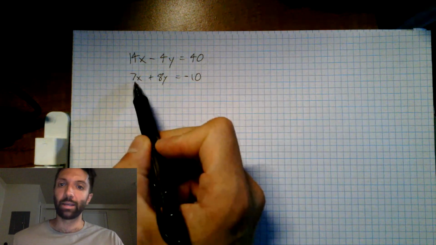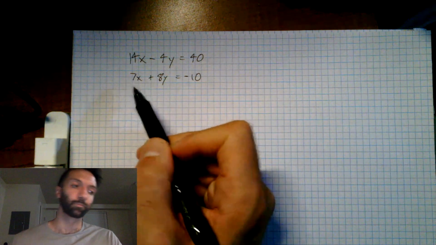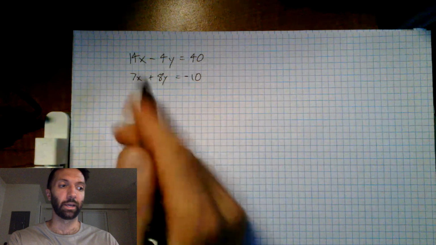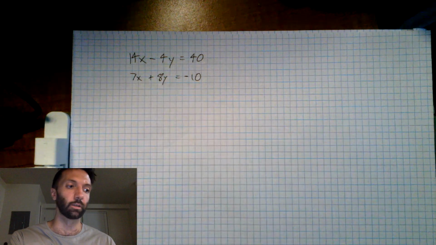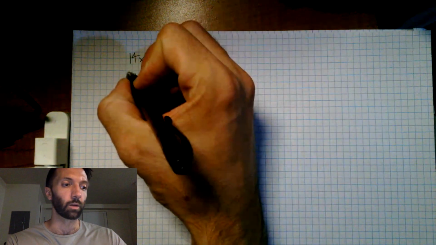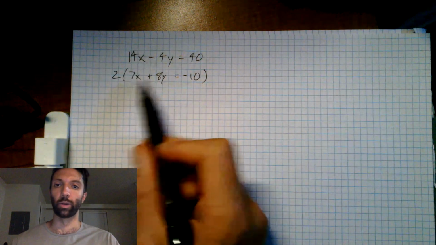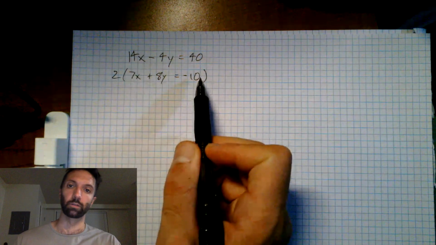So to make this 7x a 14x, I'd have to multiply it by 2. But remember, you can't just pick and choose parts of the equations to multiply by 2. So we're going to multiply the entire equation by 2, because whatever we do to the left side, we can do to the right side.